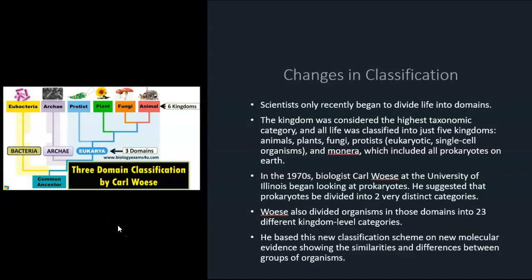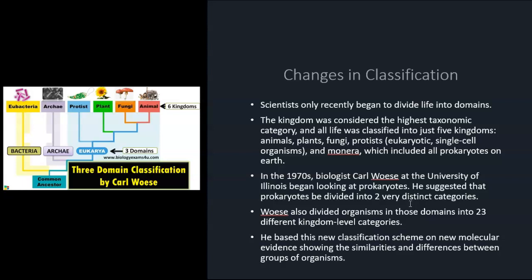All right, so like I mentioned before, domains are more recent. We didn't have domains. It was the 1970s where this biologist, Carl Woese, realized that prokaryotes really had two distinct groups, and we needed to separate them.